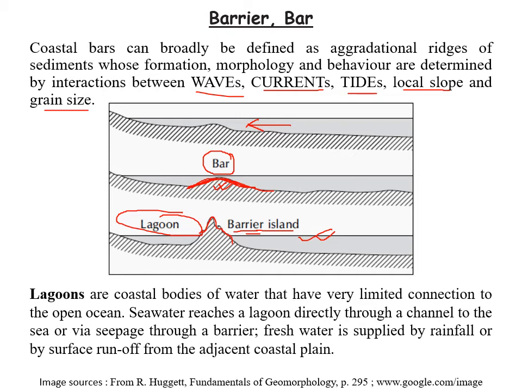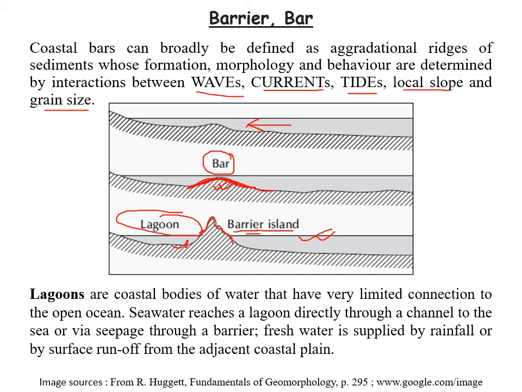So this restricted coastal body of water which has very limited connection to the open ocean is known as a lagoon. Now, why do they have limited connection to the open ocean? Because in the frontal part, in the offshore part of this lagoon, there forms a barrier island, or often it is also called a barrier bar. So because of this raised area, because of this barrier, marine water is not able to overcome it and reach the lagoon.